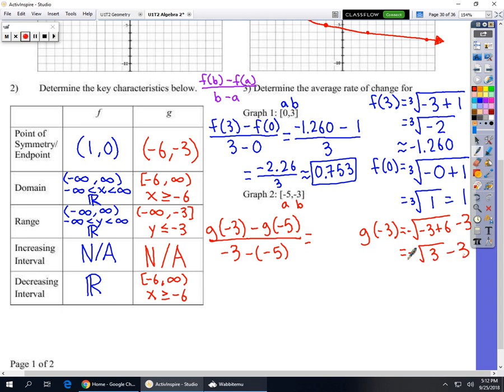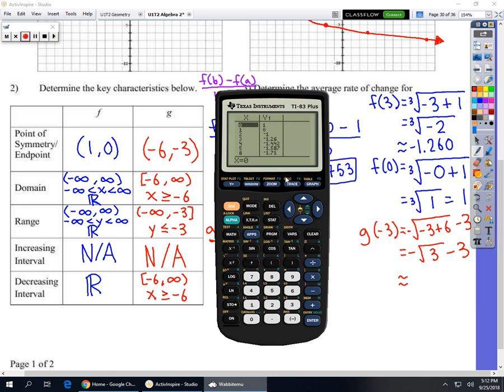All right, so this is all really, really ugly. Don't do it in pieces. Just do it all at once. You can totally use the calculator for this. So you want negative square root of 3. So second quit out of there. Negative square root of 3. The square root is right here. 3 minus 3. Boom.